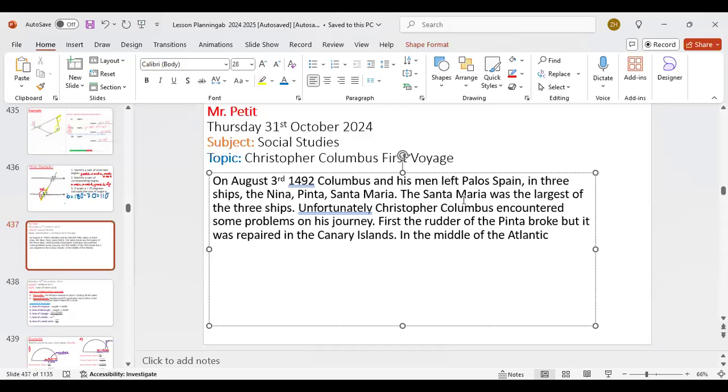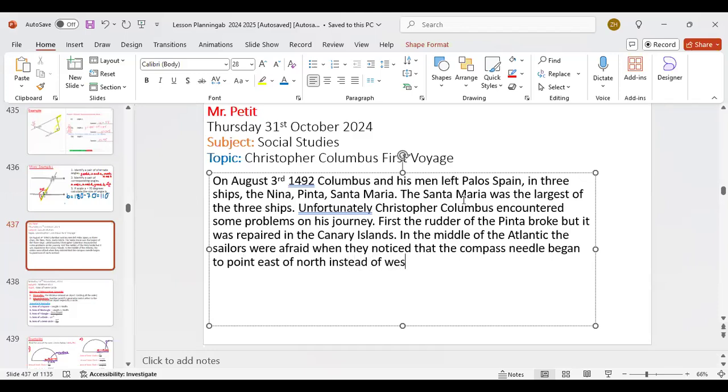In the middle of the Atlantic, the sailors were afraid, and they began to panic when they noticed that the compass needle began to point east of north instead of west of north.